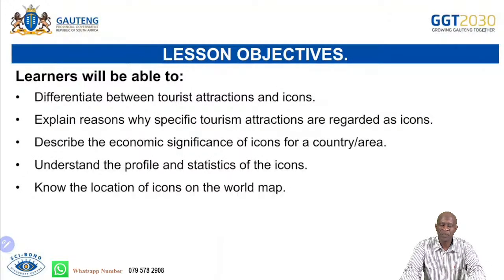Here are your objectives for this lesson. At the end of this lesson, you should be able to, number 1, differentiate between a tourist attraction and an icon. Another objective, you must be able to explain reasons why specific tourism attractions are regarded as icons.